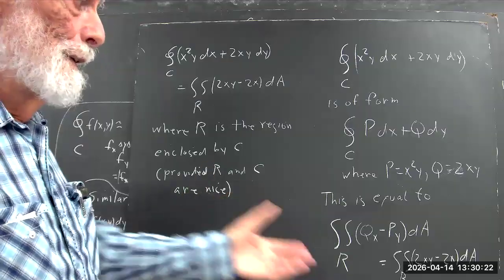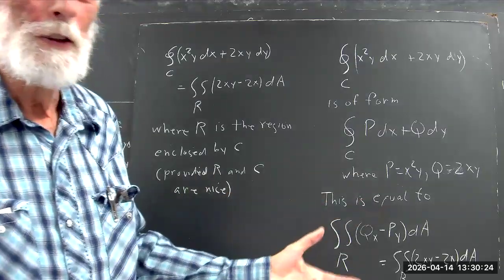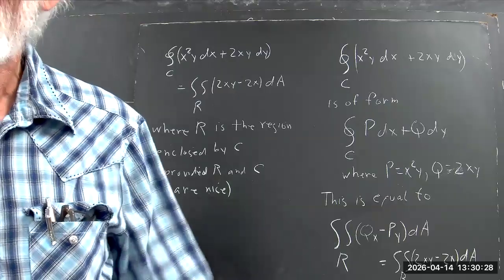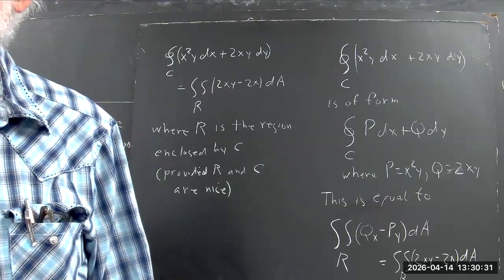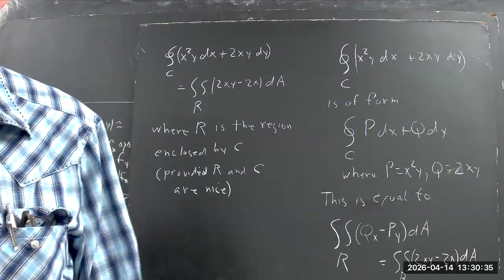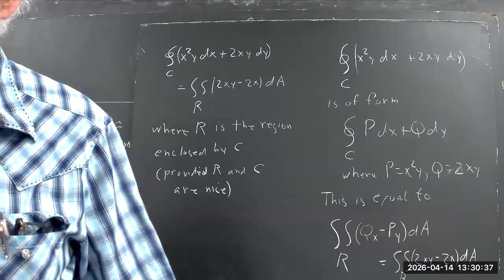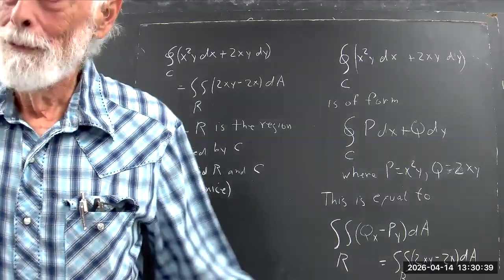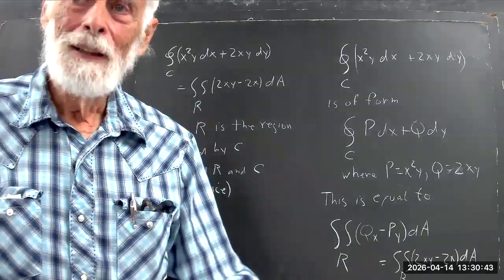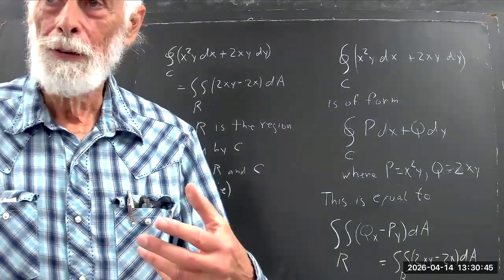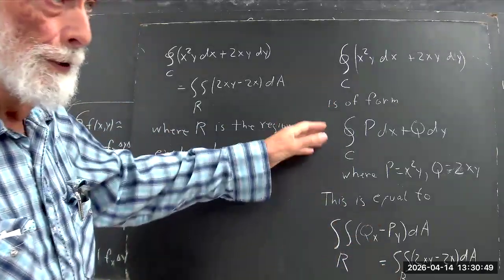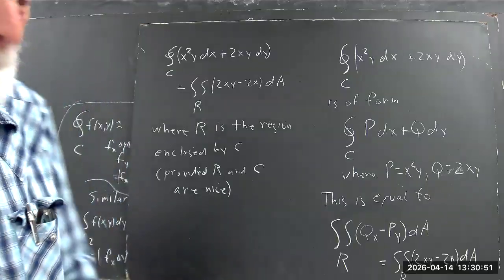Now, if it's a weird enough region, you're not going to be able to do either. Well, there are more weird regions that you can't do either on than there are others, but the ones that you can do them on are really important. A lot of the regions you need for applications are amenable to this treatment, okay?